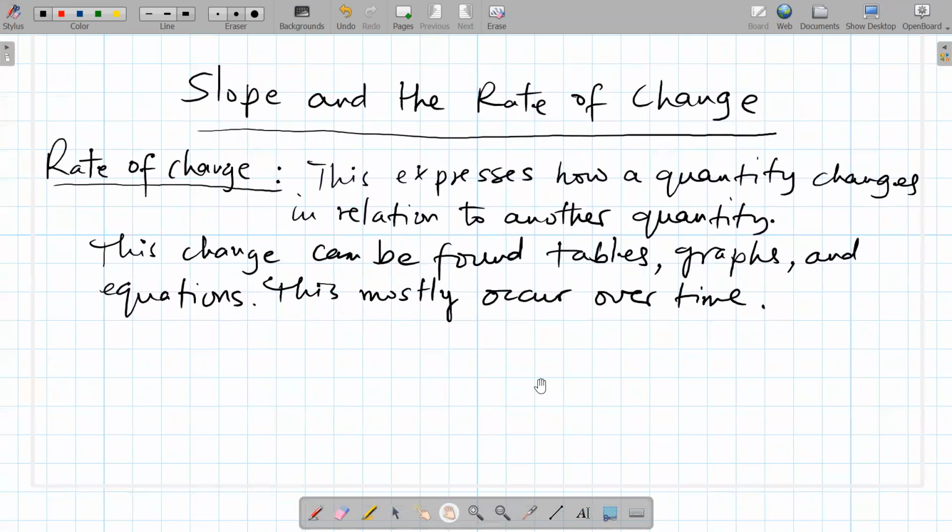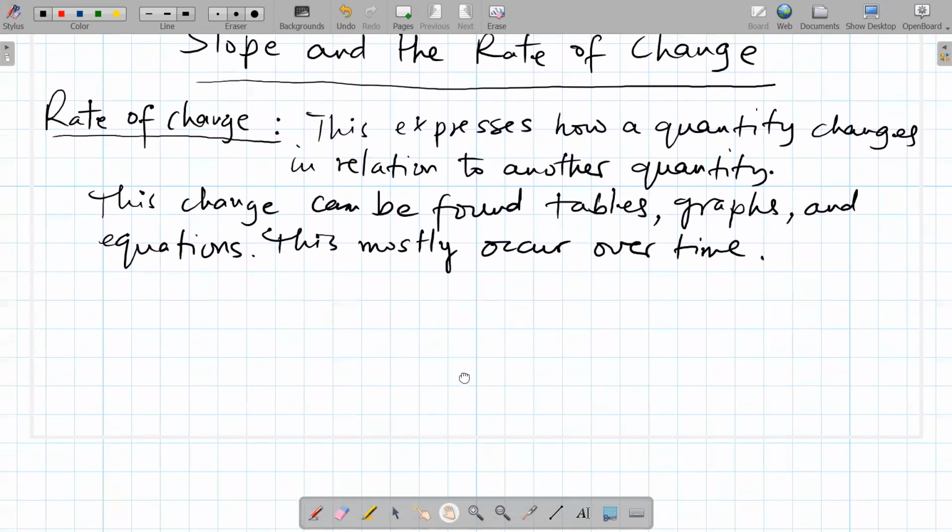You're looking at how much one quantity that is related to another quantity changes, and in a way, how much the other quantity is also induced to change. Okay. So let's look at a very simple example here.